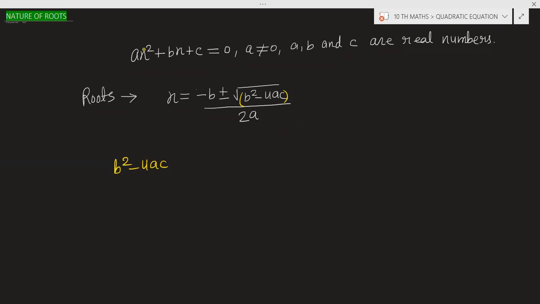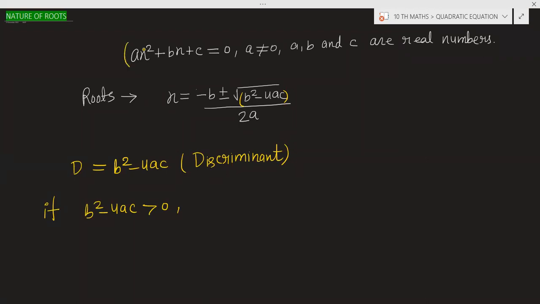This b square minus 4ac is known as discriminant, discriminant D. Okay.